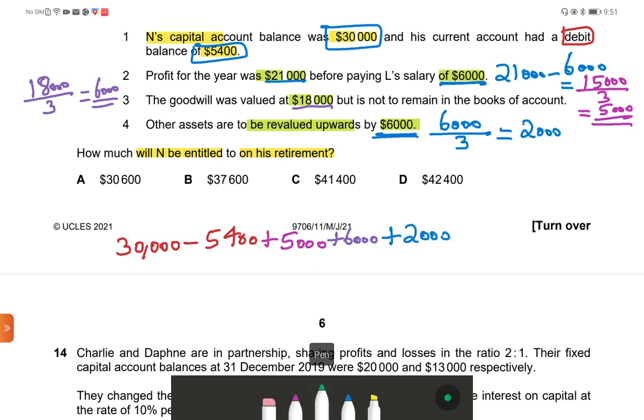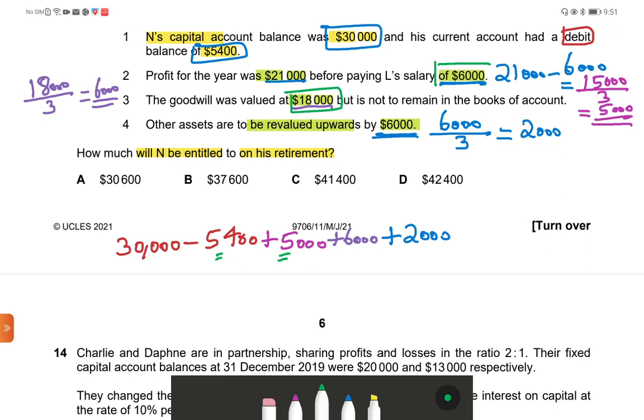One more time. We deducted 5,400 current account balance. Then divisible profit after deducting L's salary, 15,000, that he shares 1:1:1. That means 1/3 of 15,000, 5,000. Then goodwill amount 18,000, his portion he has to get.